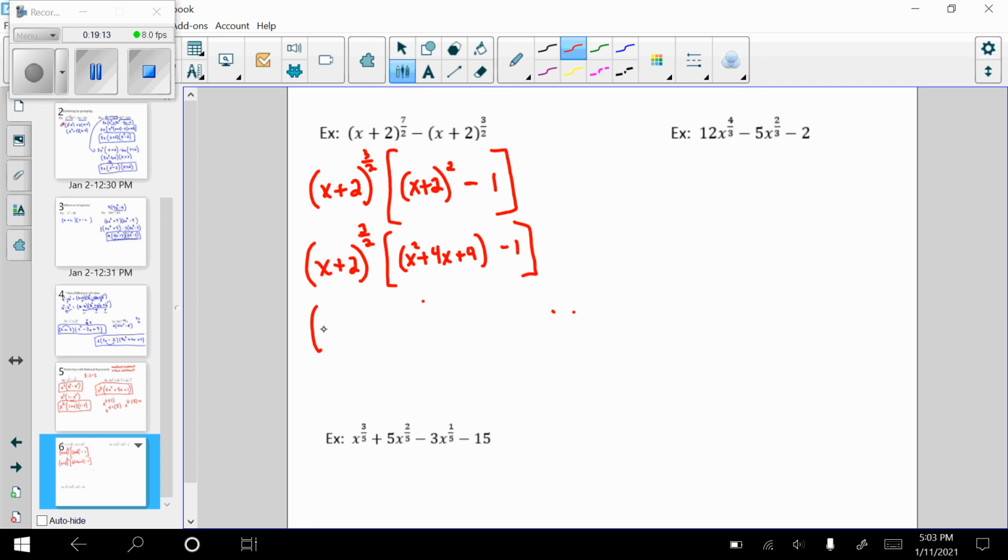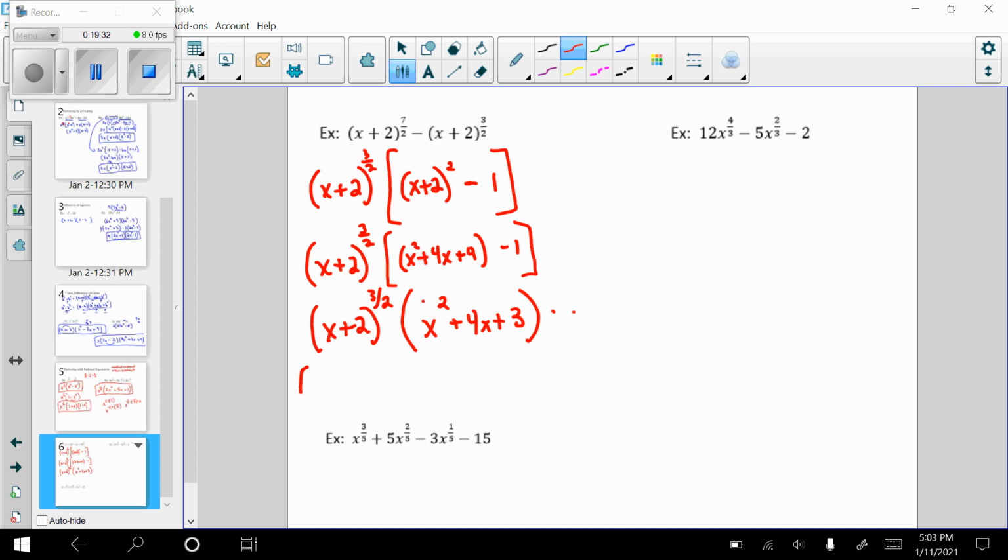So that can be simplified to x plus 2 to the 3/2 times x squared plus 4x, and 4 minus 1 is 3.